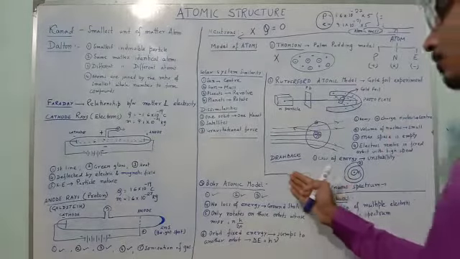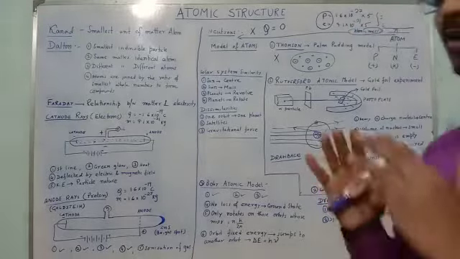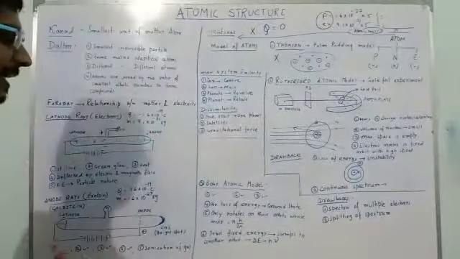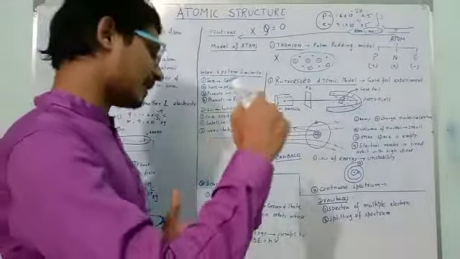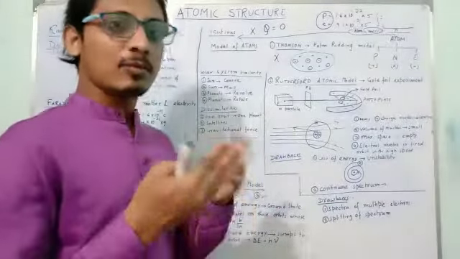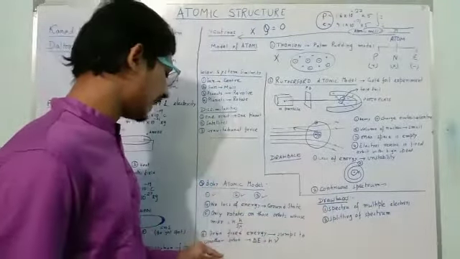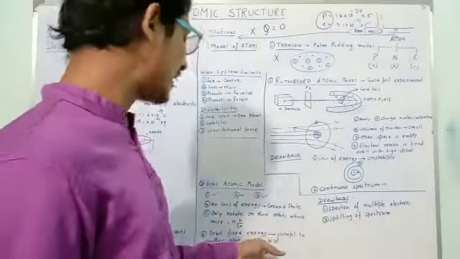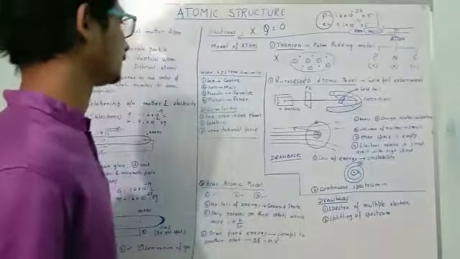And last, Bohr also mentioned that the ground state orbit, or each orbit, has some fixed quantity of energy. When an electron jumps from one orbit to another orbit, it will lose a certain amount of energy given by h nu, where h is the Planck constant and nu is the frequency of the light.